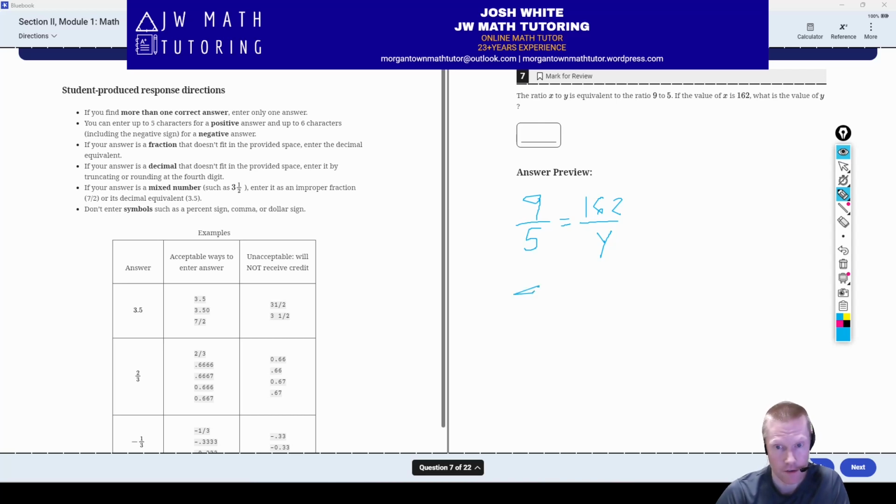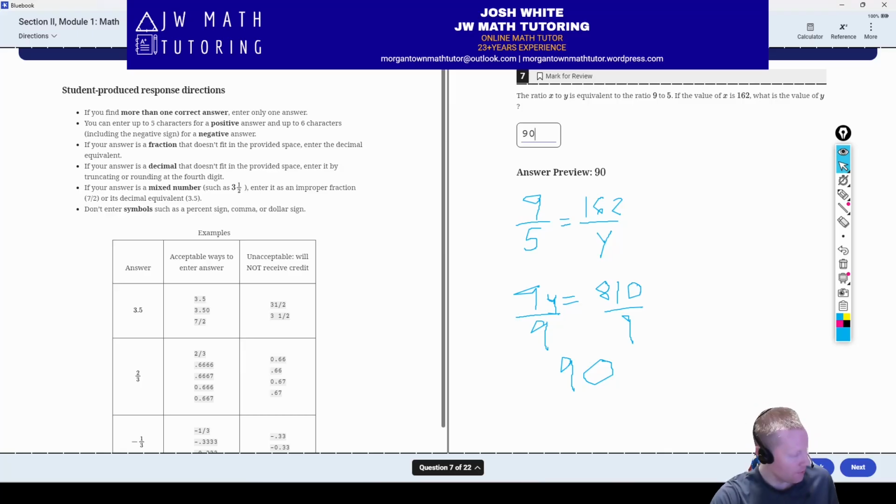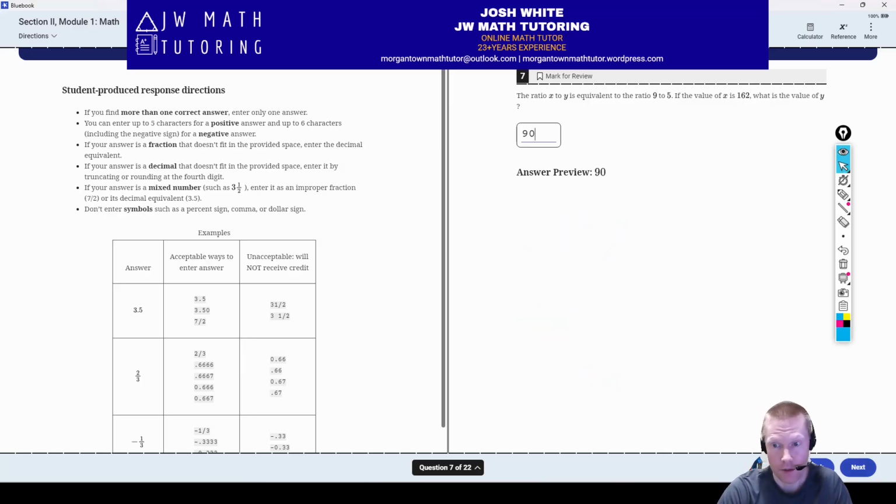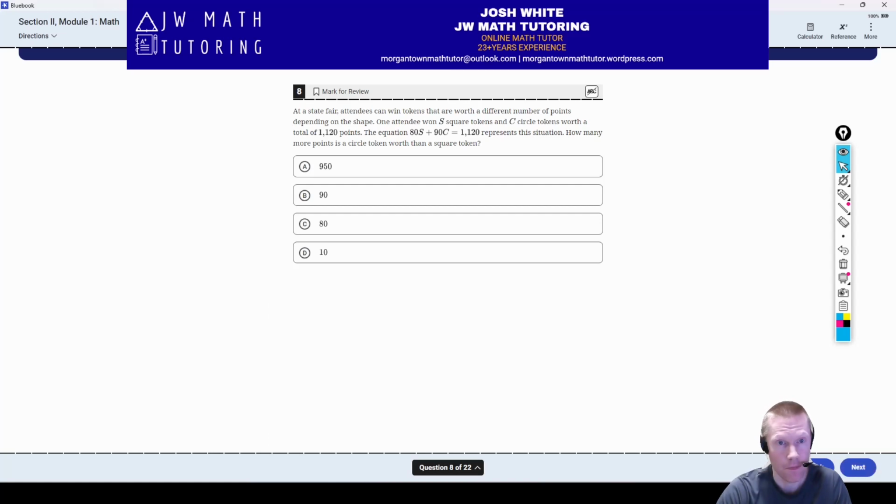So you cross multiply this, you get 9y equals 5 times 162, which is just 810. And then you go ahead and divide by 9. So for y, you end up getting 90. So the correct answer to this problem is just 90, and that's pretty much all you need to do for it.